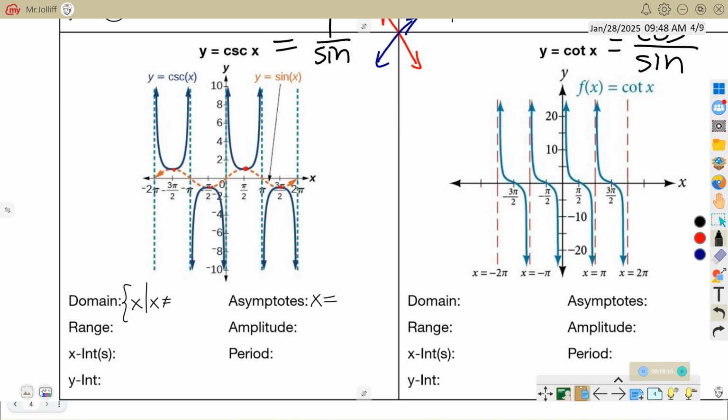Do we see a pattern? Arturo is nodding his head yes. What do you see, Arturo? Good. Very good. Multiples of pi. Pi, pi over 2, negative pi, negative 2 pi, negative 3 pi, negative 4 pi. 0 is also an asymptote, which is 0 pi. Yeah, so these are just occurring at whole number multiples of pi.